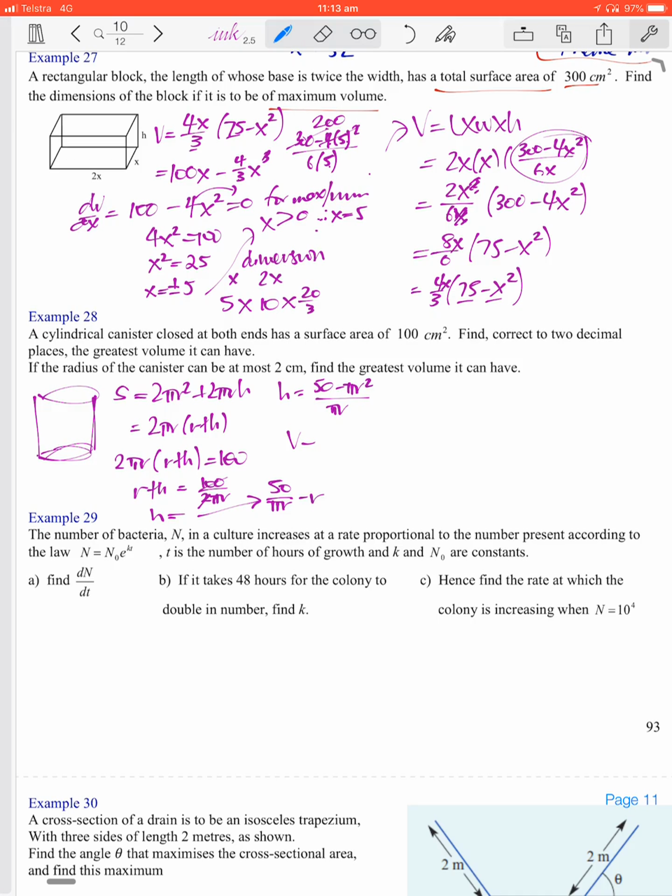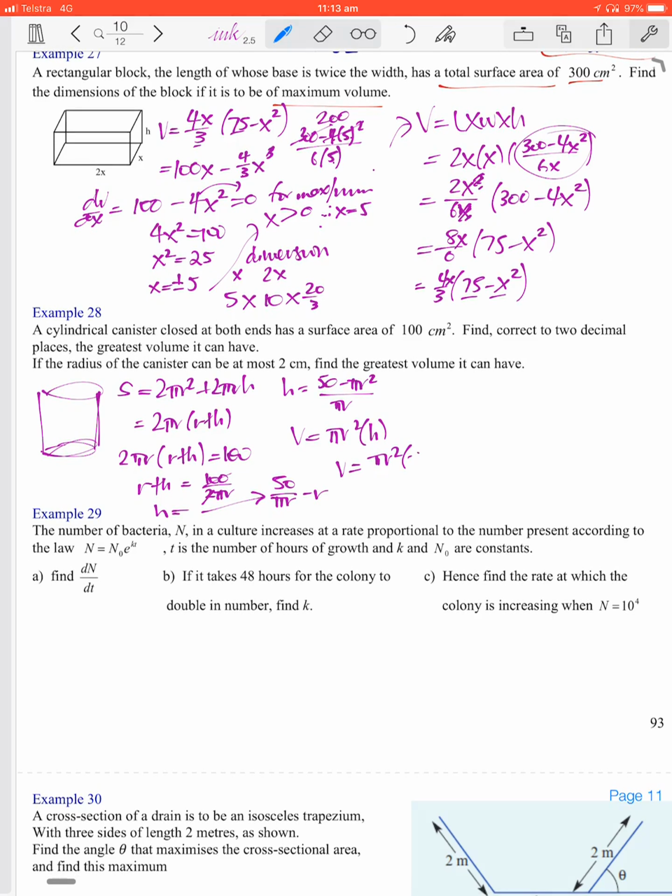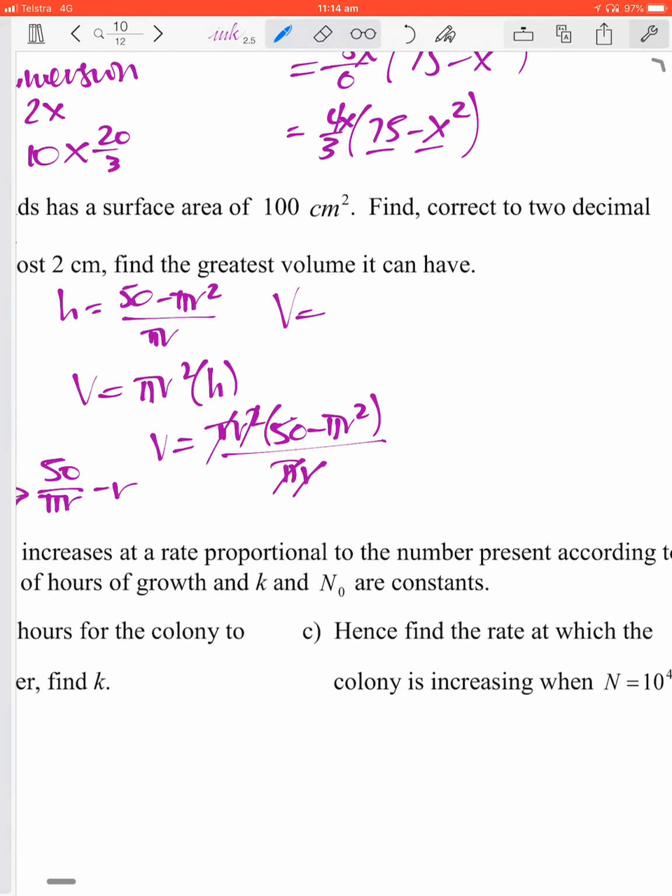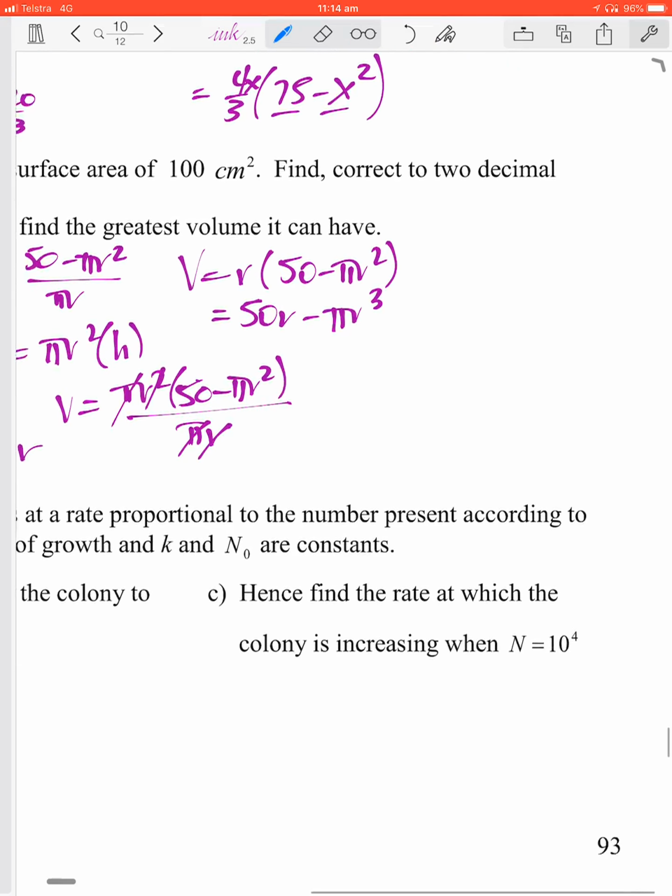Our volume is pi r squared h, which in this case is pi r squared times 50 minus pi r squared on pi r. So our pi is going to cancel, and our r cancels with one of them. So we end up with volume is r times 50 minus pi r squared, which is 50r minus pi r cubed.